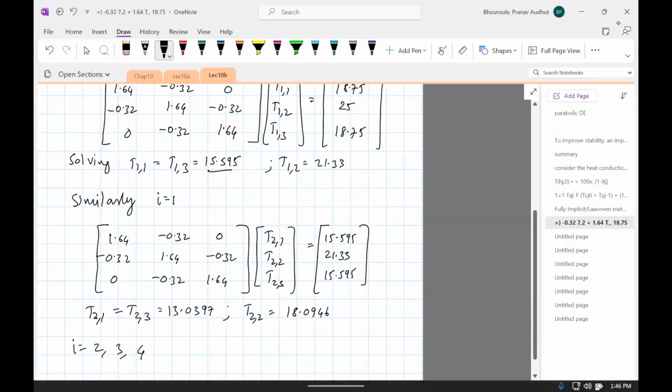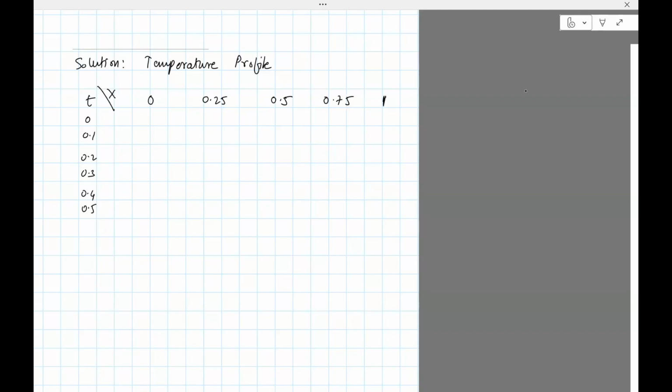So this is the solution. This is the temperature profile. Again, time 0, 0.1, 0.2, 0.3, 0.4, and 0.5. X will be for 0, 0.25, 0.5, 0.75, and 1.